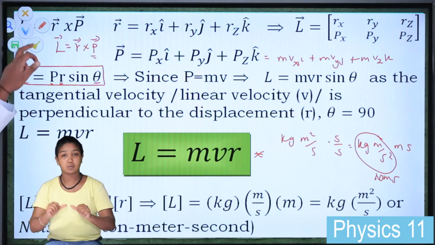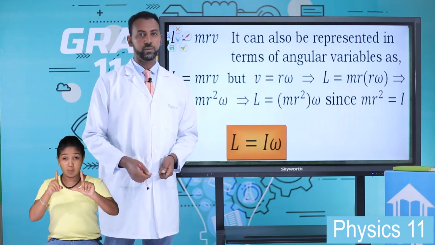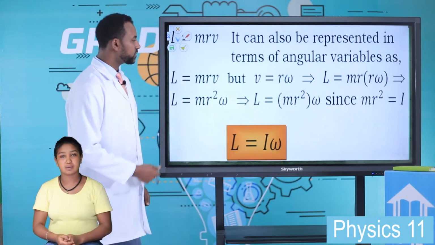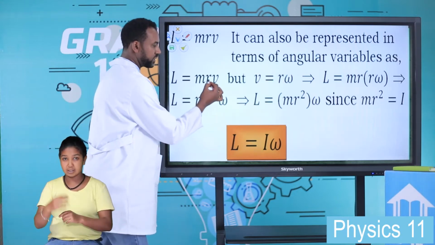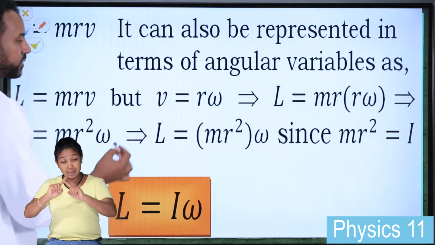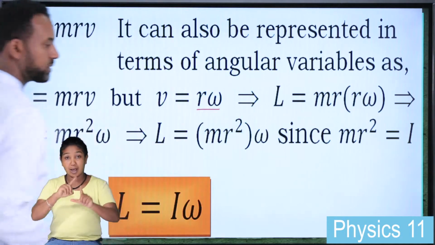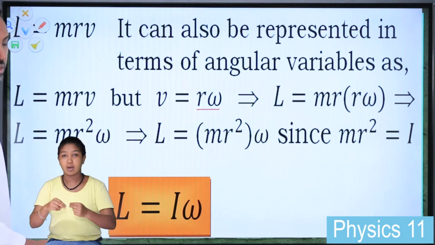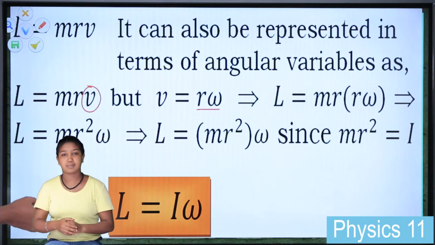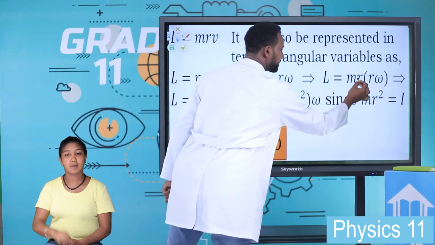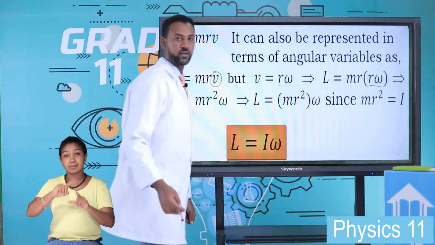Now let's proceed. The other point is it's possible to represent this using angular variables or angular parameters. What are those angular parameters? Previously we said mass times r times v, but we know that the velocity v can be expressed using angular velocity as r times omega. So instead of the linear velocity, it's possible to substitute r times the angular velocity.